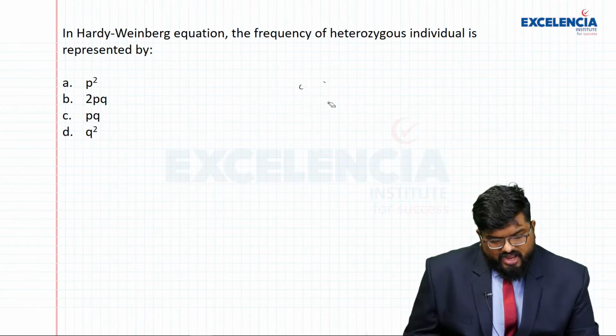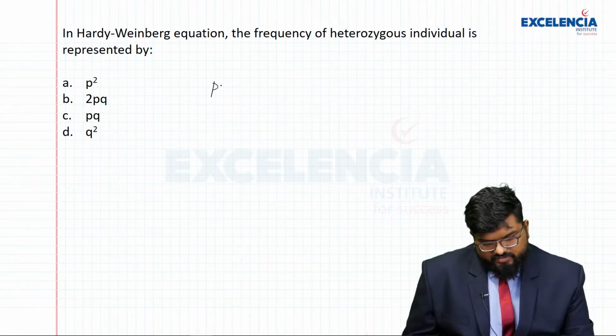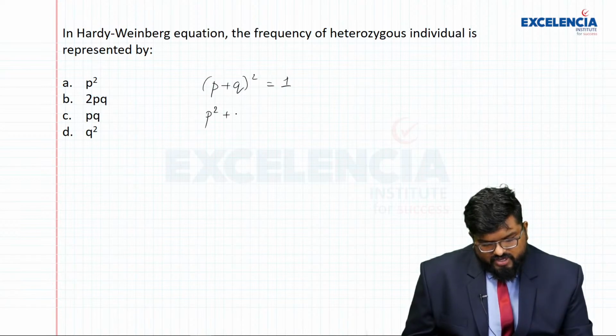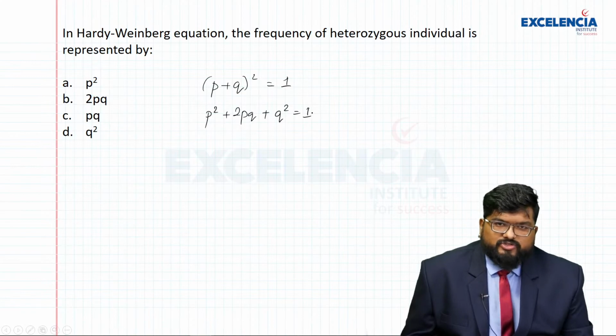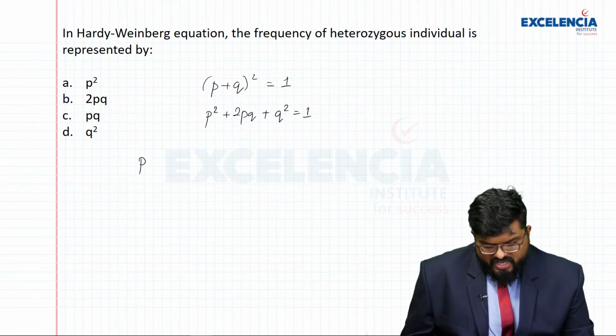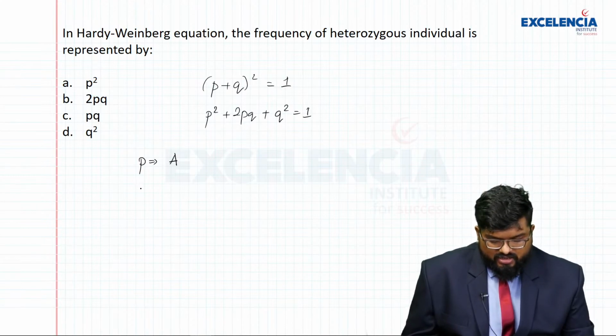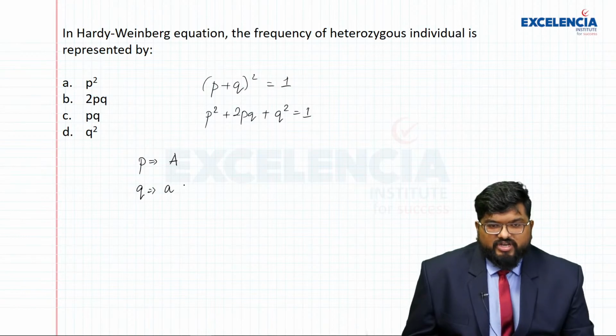And the equation that is given is p plus q the whole square, which is 1. So which is p square plus 2pq plus q square equals 1. It's supposed to be constant. Now p is the frequency of the dominant allele, q is the frequency of the recessive allele.